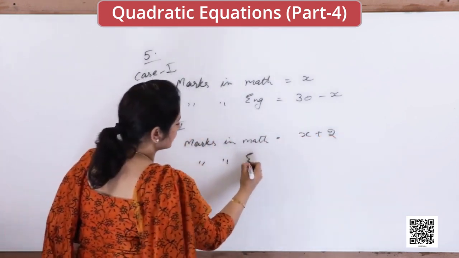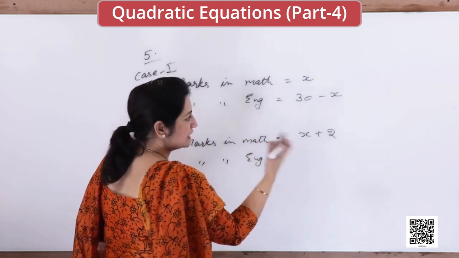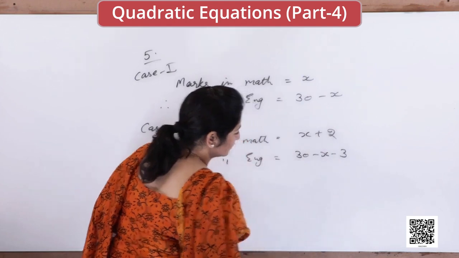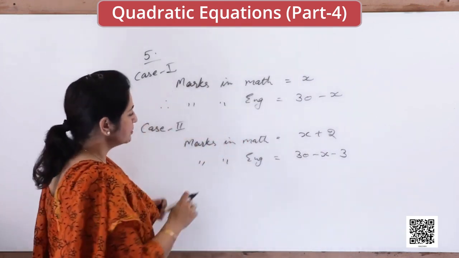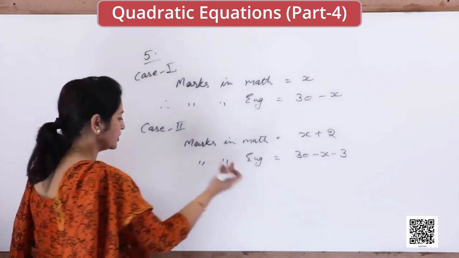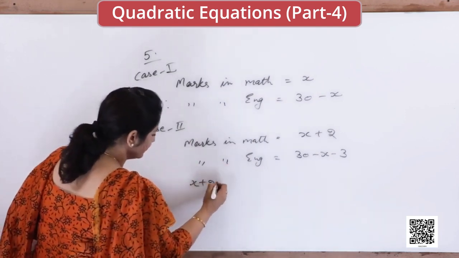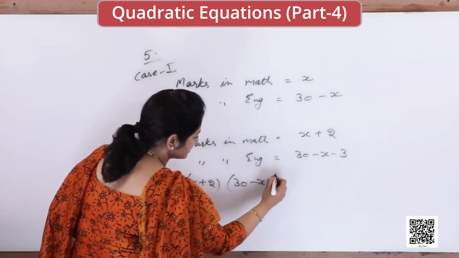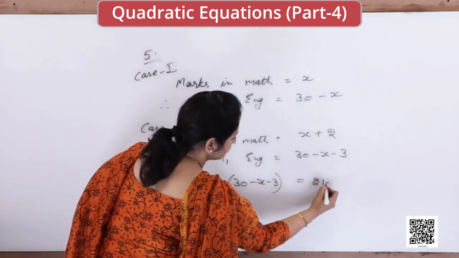And marks in English will be 3 less than this, that is 30 minus x minus 3. Now the question says the product of these two will be 210. So we can do that. x plus 2 multiplied by 30 minus x minus 3 should give us 210.